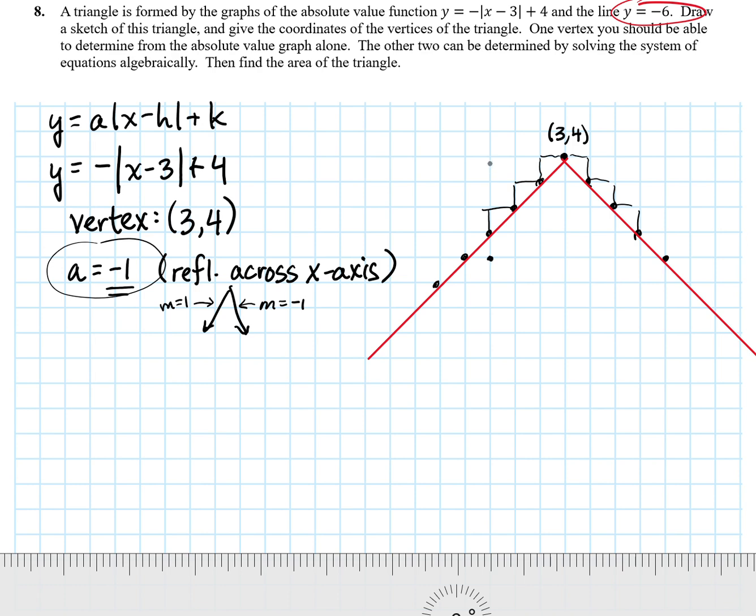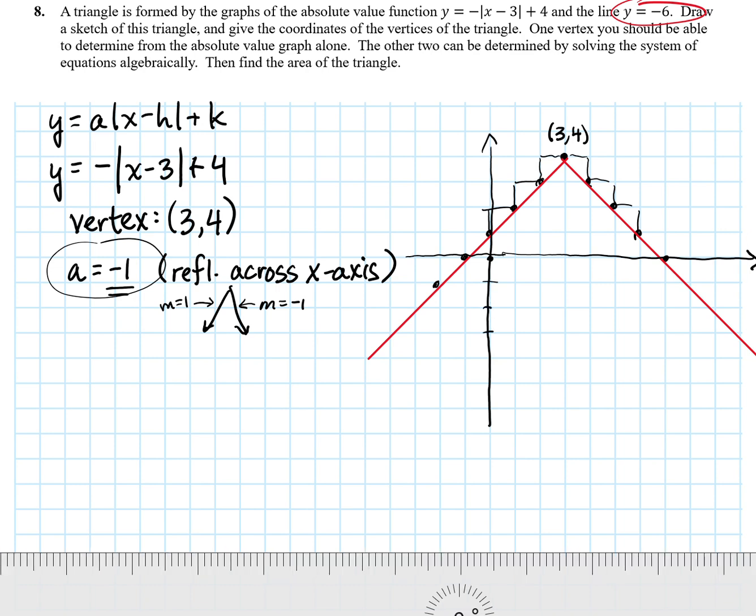Here's where (0, 0) is. So the axes do something kind of like this. Right. And so y equals -6 is going to be down here. Let's see. 1, 2, 3, 4, 5, 6.